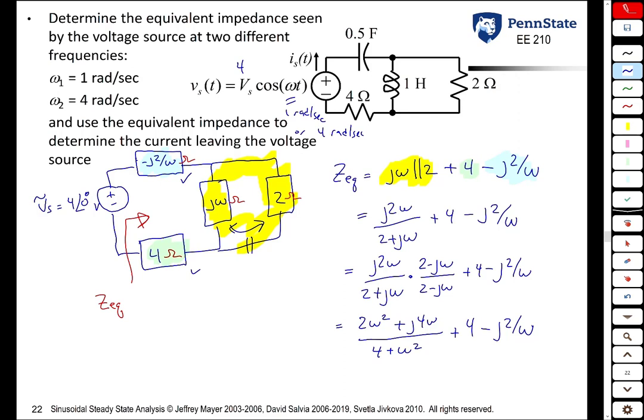Let's combine the real parts together. So what's real? You get this over that, and that is the real part. The imaginary part is this over this plus that part.